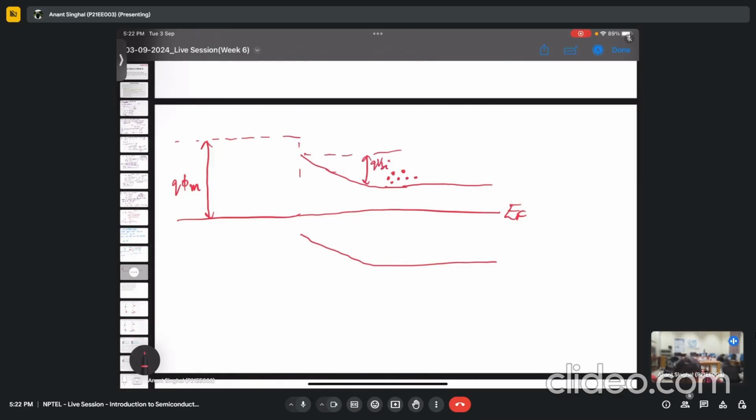The electron will feel some barrier, and we call this the barrier height, which is denoted by q phi b. This is EC, this is EF, this is EV. So now we have a barrier and we have accumulation of ND plus here.